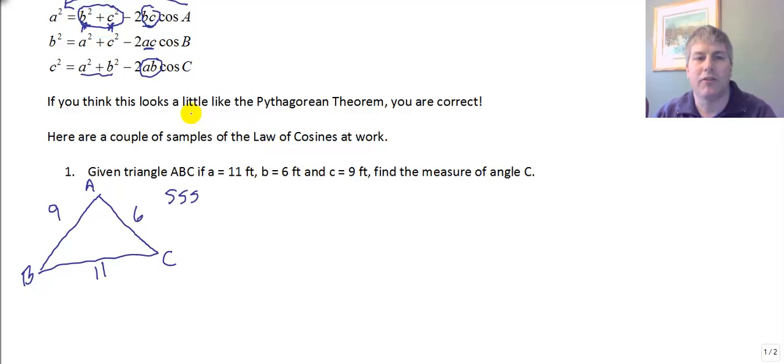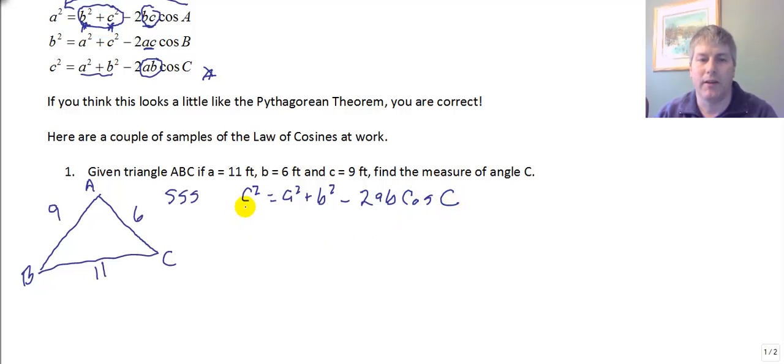We want to find the measure of angle C, so we're going to use this last law of cosines. So we will do C squared equals A squared plus B squared minus 2, and since we have the AB here, 2AB cosine angle C.